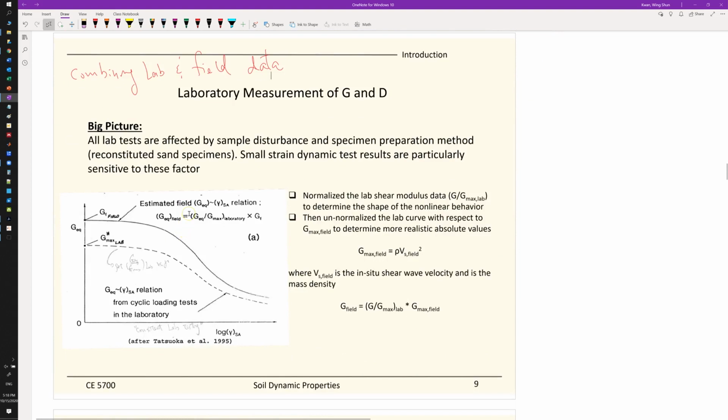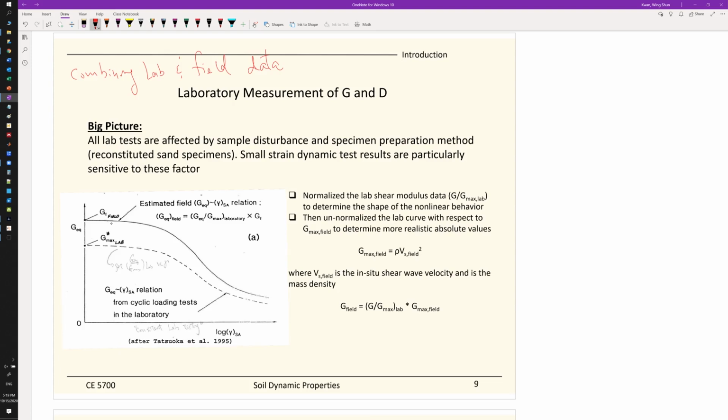So geotechnical engineers understand the big picture and the consequence, and they come up with solutions to get around it. And to do that is combining the field data with the lab data. So for example, this is the lab measurements that you get from the lab. You normalize the whole thing with the Gmax.